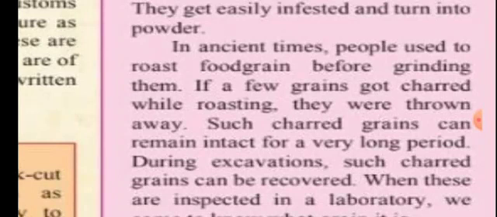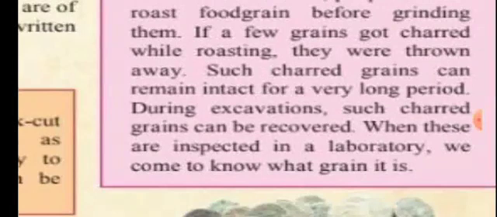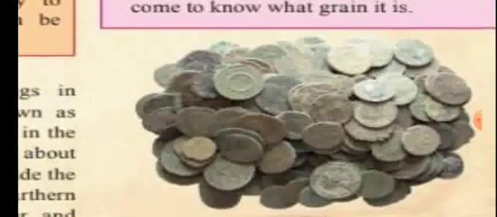Such charred grains can remain intact for a very long period. During excavations, such charred grains can be recovered. When these are inspected in a laboratory, we come to know what grain it is. These are the ancient coins.